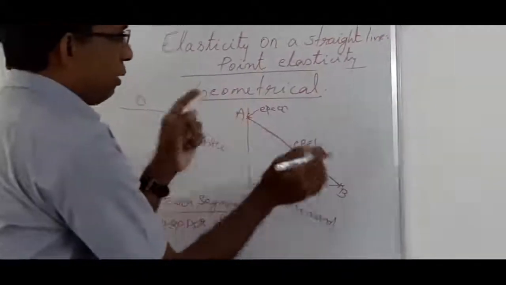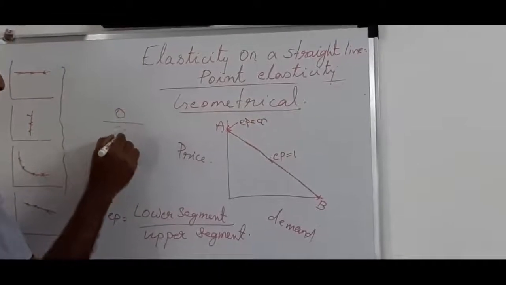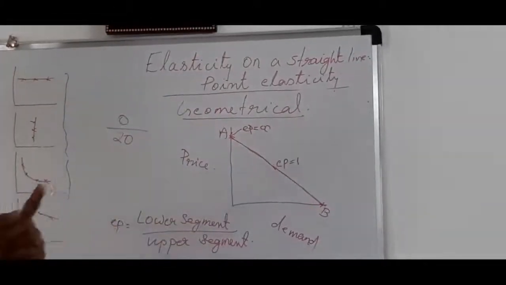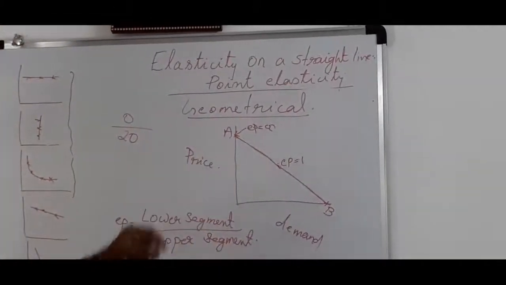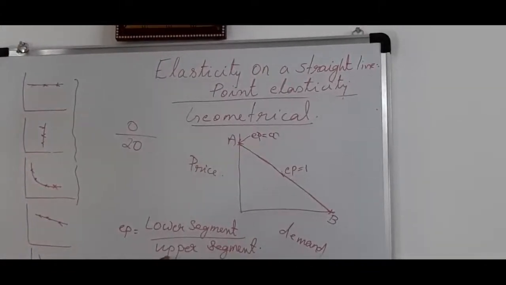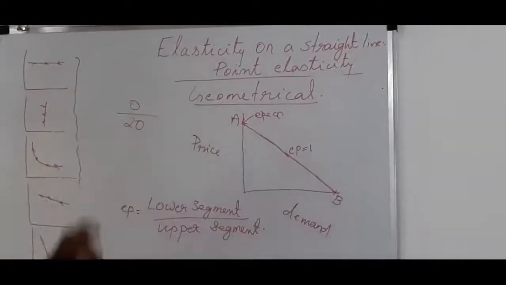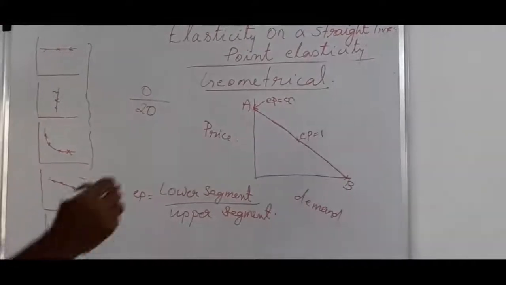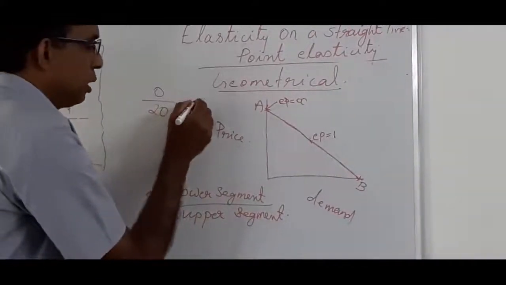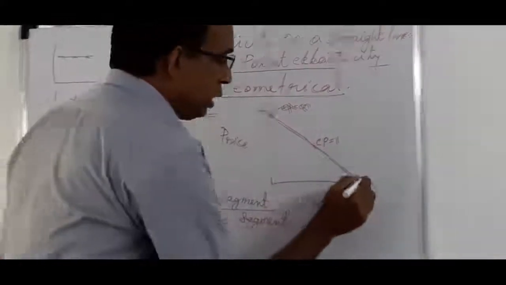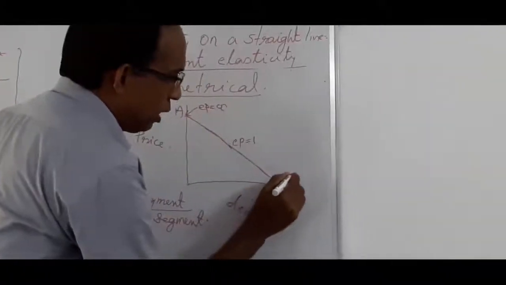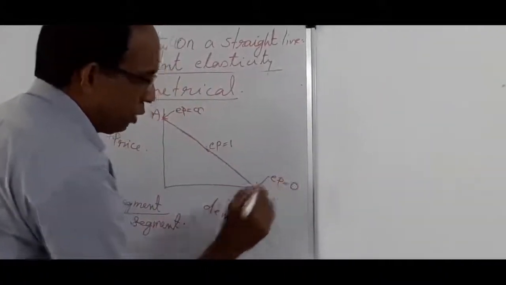Suppose the length of the demand curve is 20 centimeter. The entire portion of the demand curve comes under the upper segment. So 0 divided by any value gives 0. So at this point, elasticity is equal to 0.